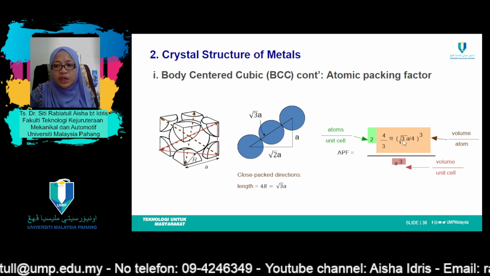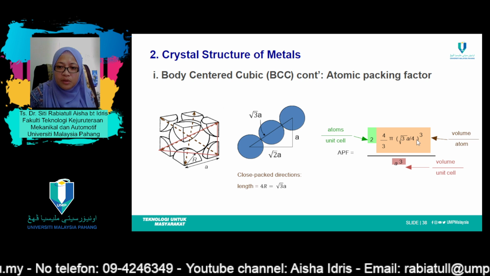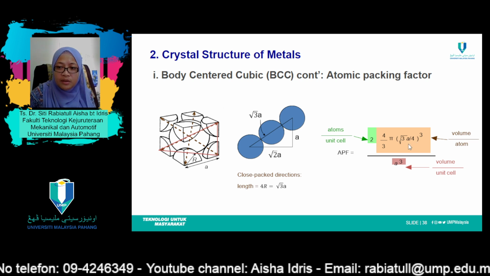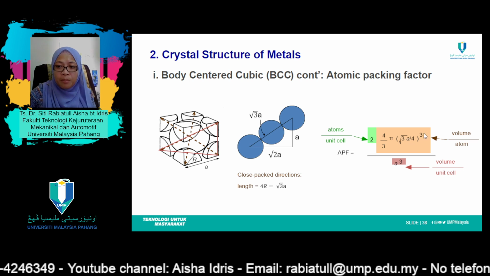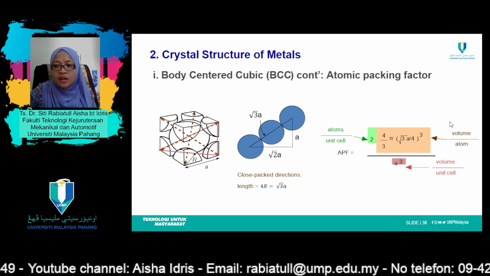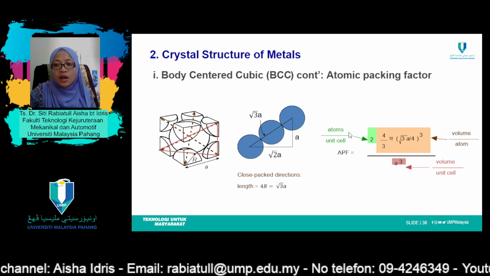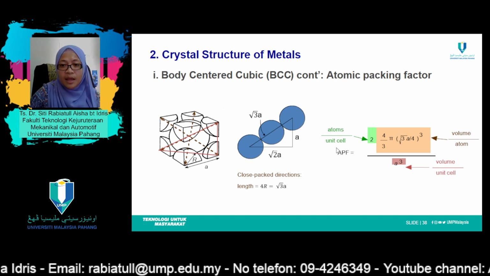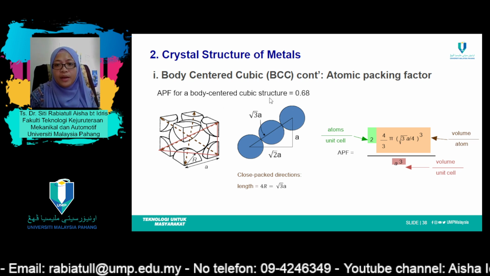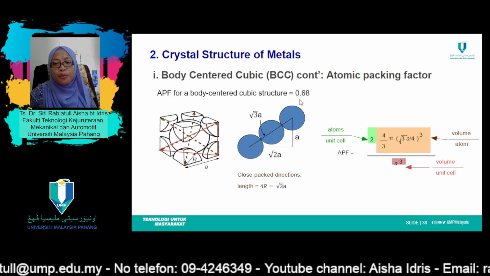So radius cubed, substitute the value of r here, so you get root 3a over 4 to the power of 3, and then you need to multiply by 2, because BCC has 2 atoms. Finally you get the value of APF for BCC, which equals 0.68.